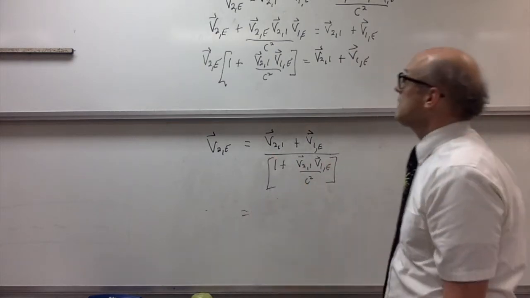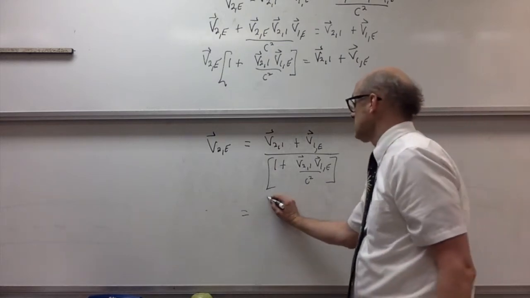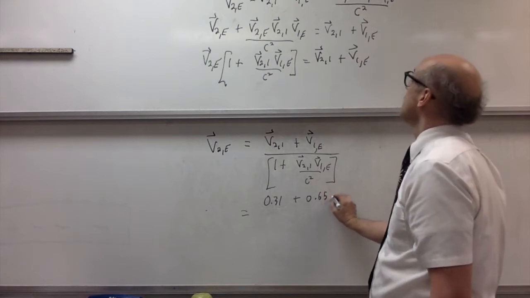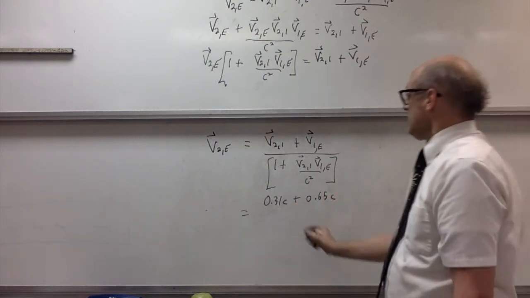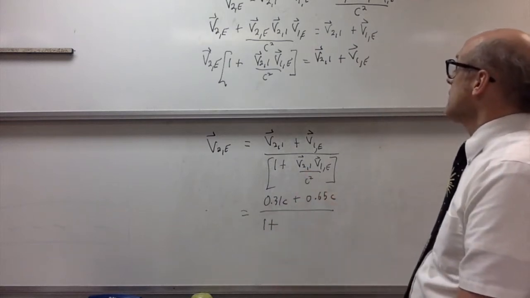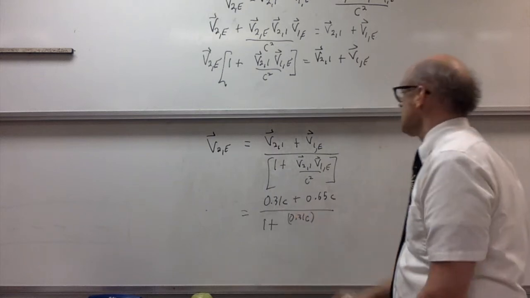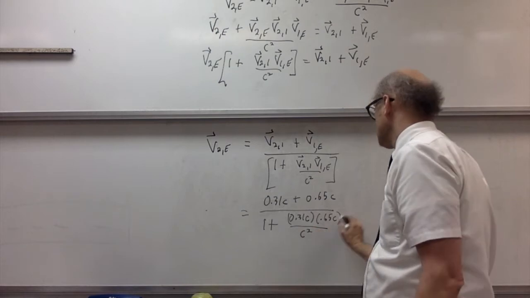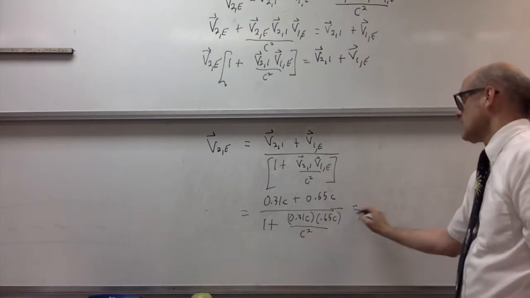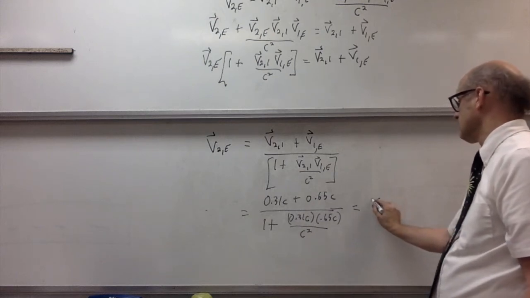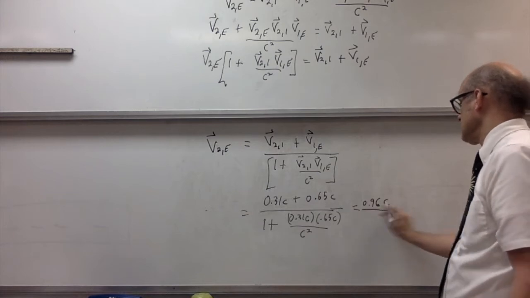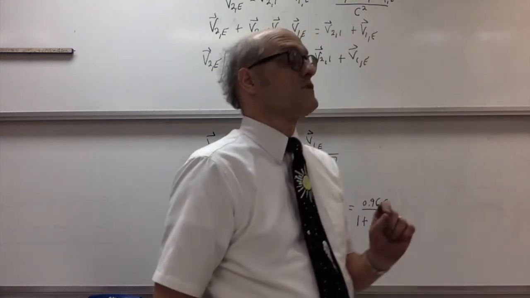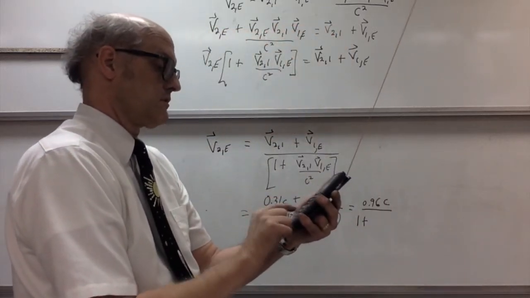Okay, so substituting in the givens, V21 is 0.31 c, V1E is 0.65 c, divided by 1 plus the product of V21, which is 0.31 c, times V1E, which is 0.65 c, divided by c squared. So in the numerator, we get 0.96 c, and in the denominator, we get 1 plus 0.31 times 0.65, and I get 0.2015.